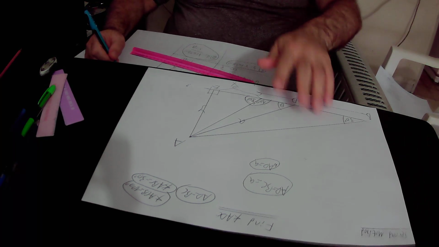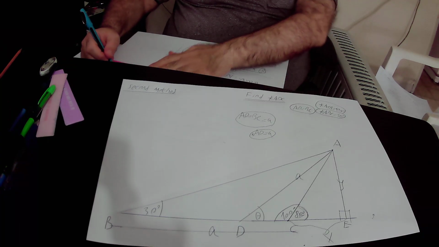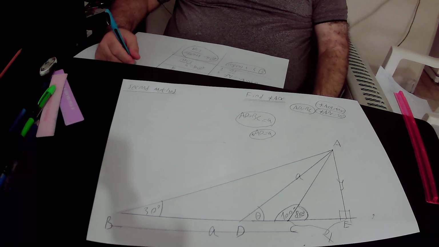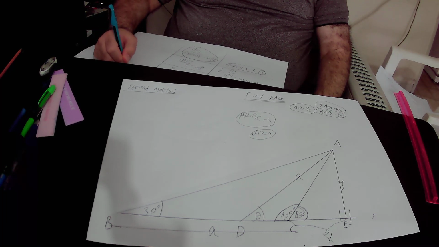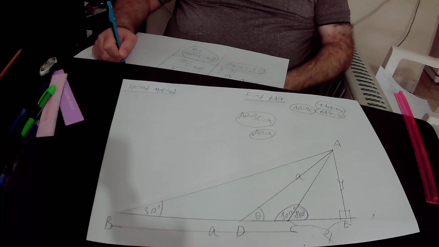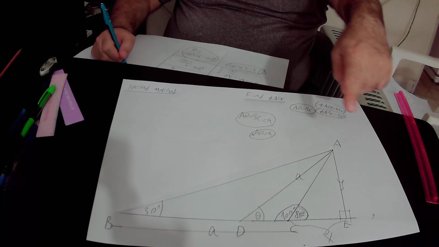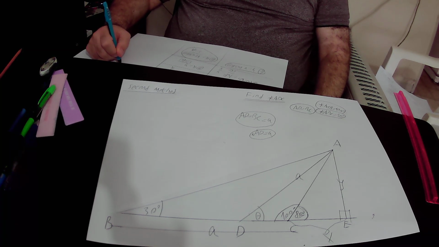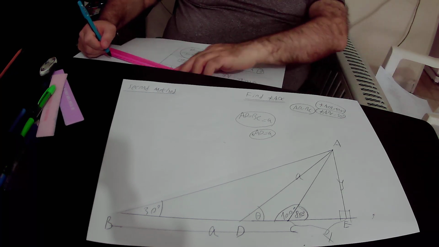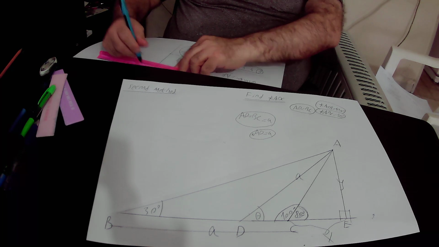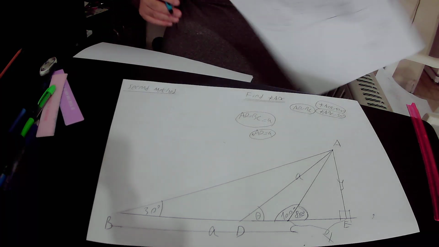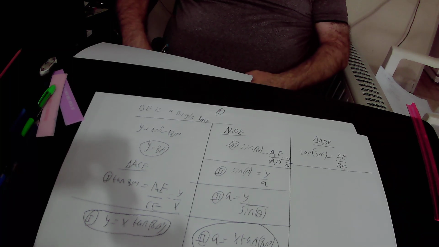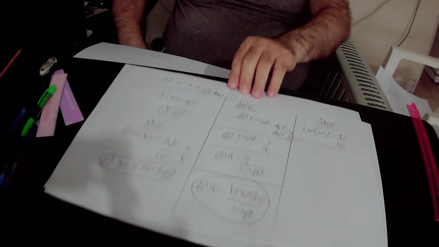In the right triangle ABE, we know that tangent 30 degrees equals AE over BE.